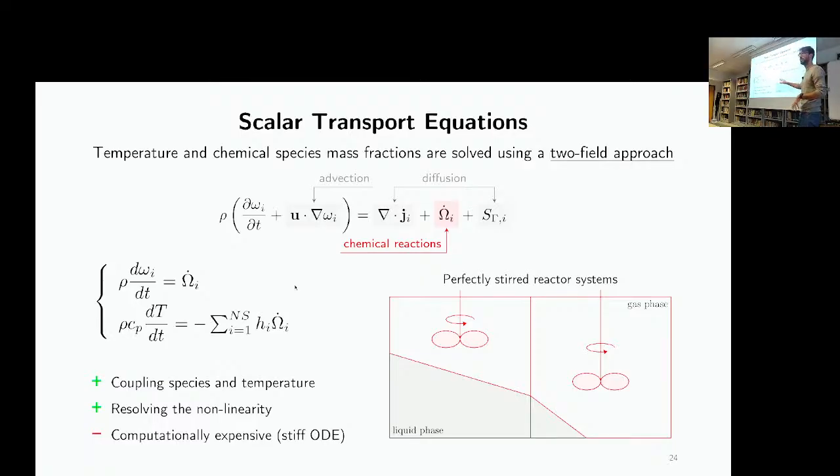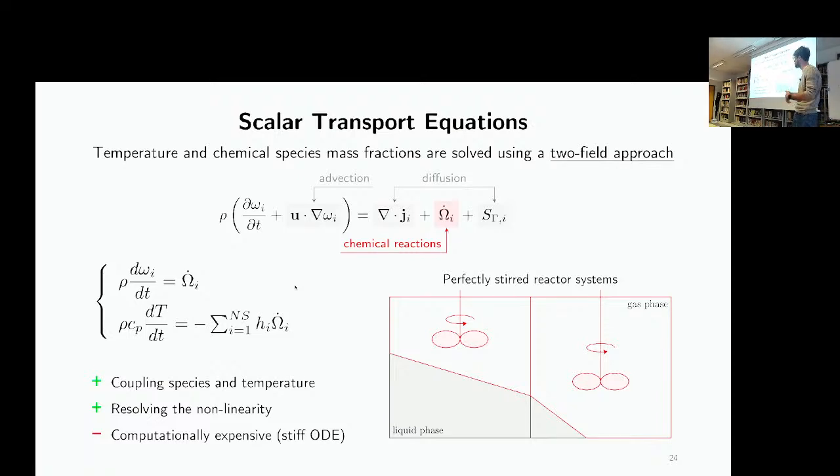This is necessary because the chemical reactions are not just a source term that you compute in your equation, because if you calculate this term in an explicit manner, you would need to use a time step in your simulation of order 10 to the minus 10, minus 12, which is too small, of course, to perform this simulation in a reasonable time. And also this term is very nonlinear.